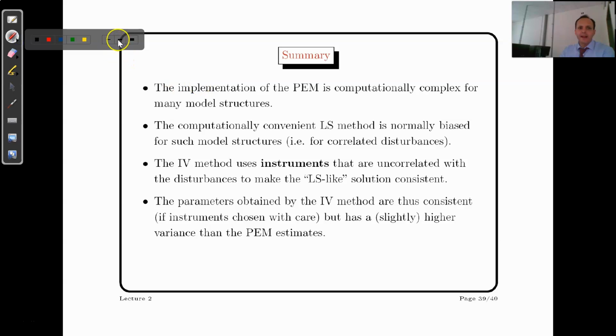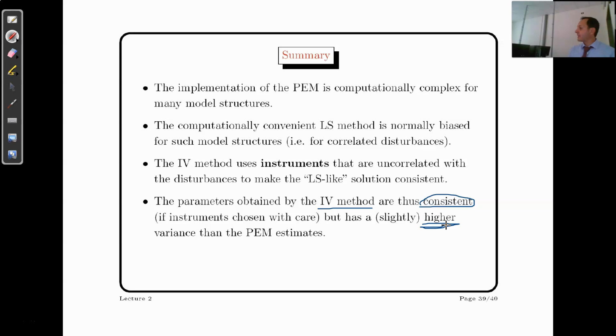The drawback of this approach is that the instrumental variable method provides estimates that are consistent, so the estimation is near to the true solution, but the variance, so the estimation error, is higher. The accuracy of the estimation you obtain with instrumental variable is a little bit worse than the PM estimate.